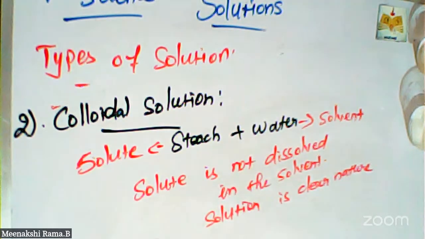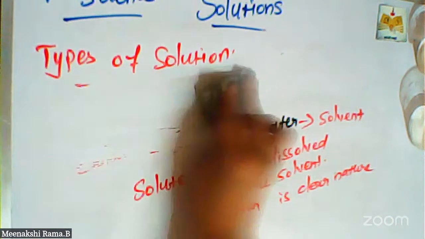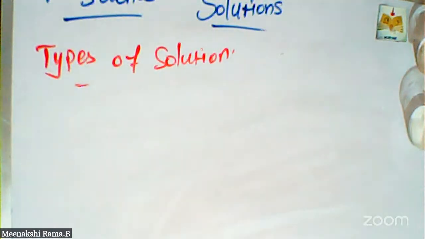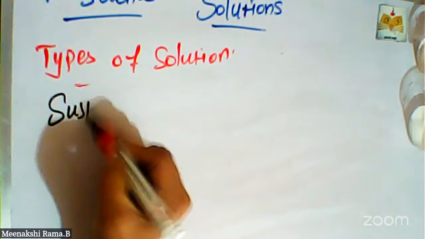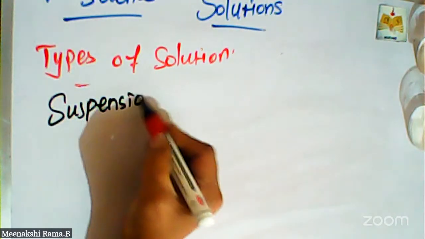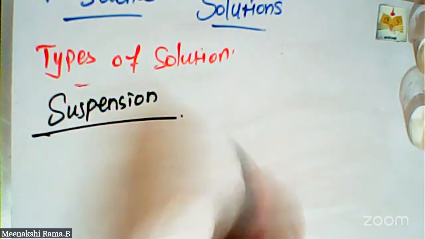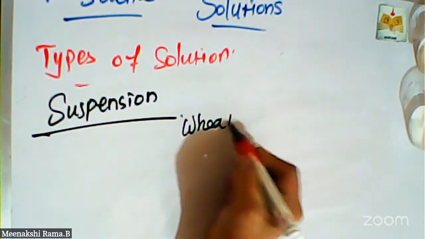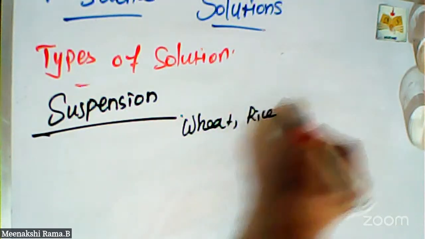So the next one is suspension. The next category, the third one, is called suspension. In suspension, the solute is different kinds of flour, like wheat flour or rice flour, whatever it may be.